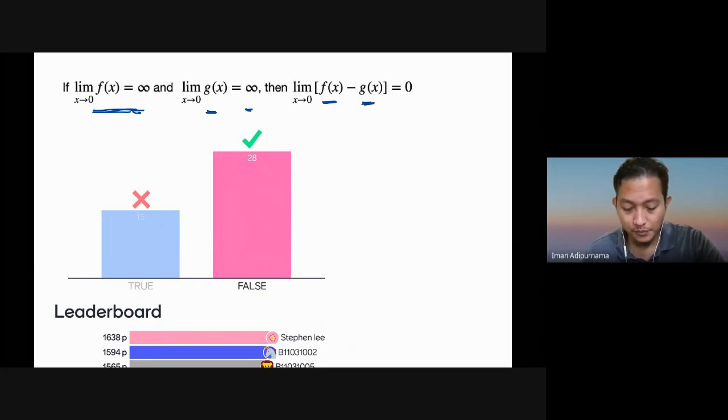So the question is asking whether you have limit as x approaching 0 of f and g, is it going to have 0? For example, let's say f of x is x and g of x is x squared.